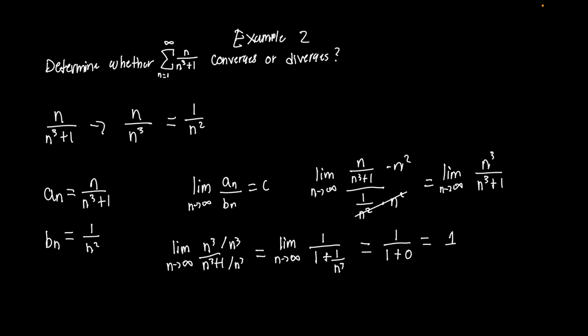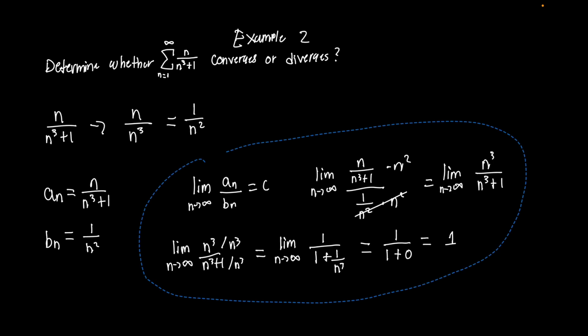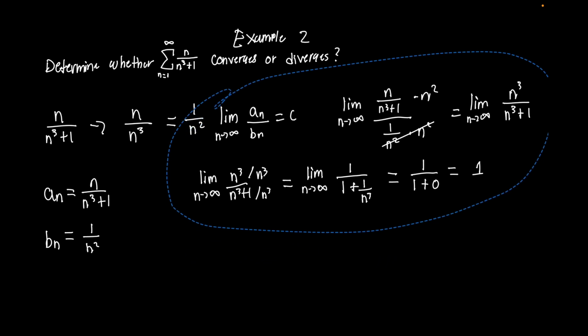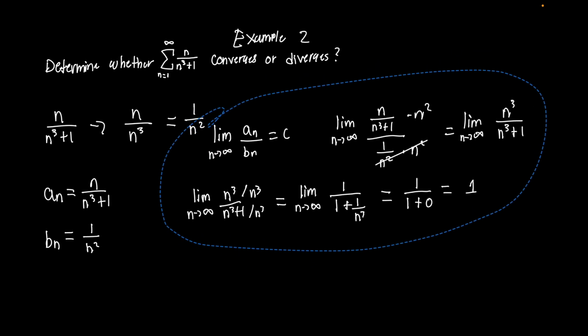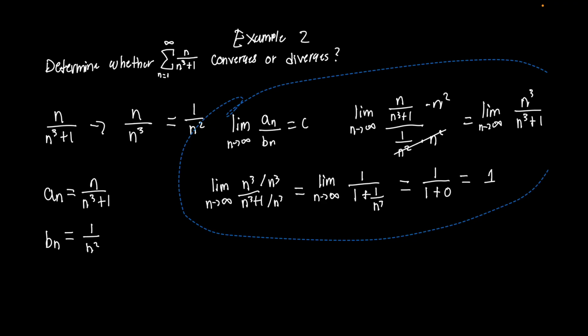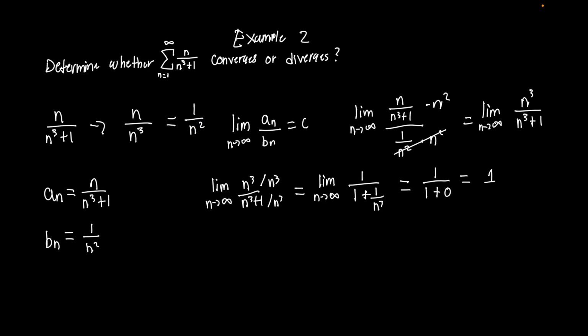Therefore, we get that. I'm going to move these to the top really quick. So we got our ratio, a sub n over b sub n, equal to 1. And we know that the limit is 1, and 1 is a positive and finite value, right?